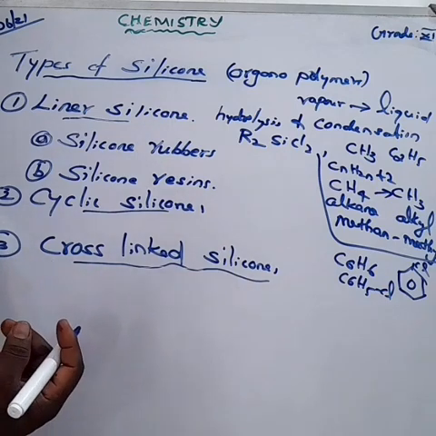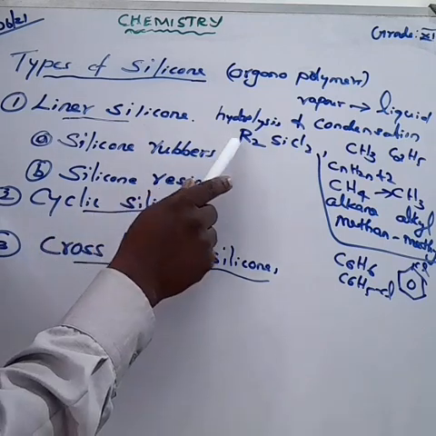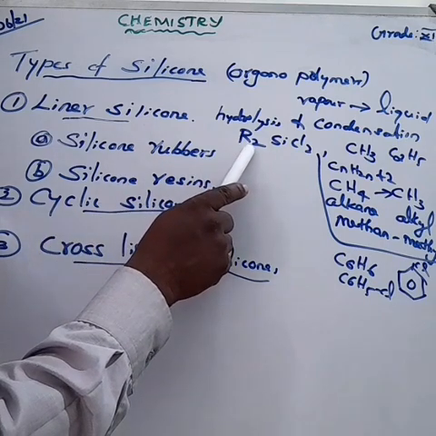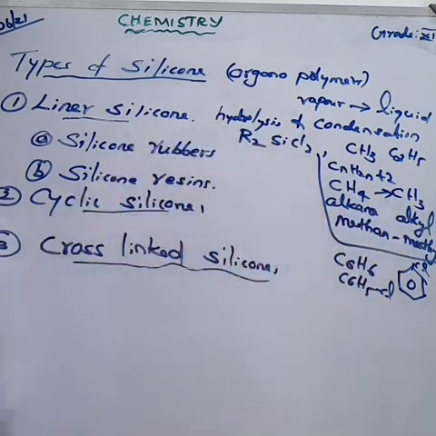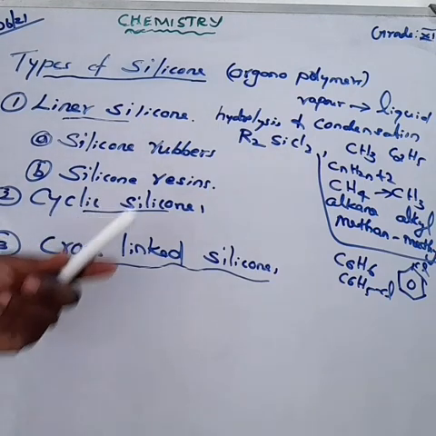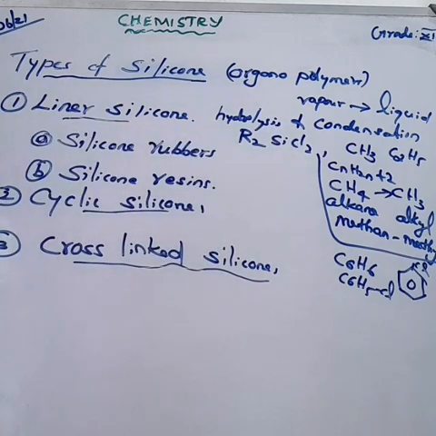Di means two. So commonly we write dialkyl as R2, so R2 means dialkyl silicon chloride, that is R2SiCl2 or SiCl3 like that. These are some examples we can discuss one by one.